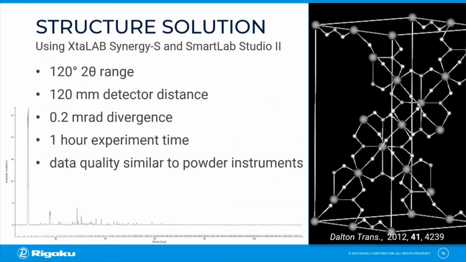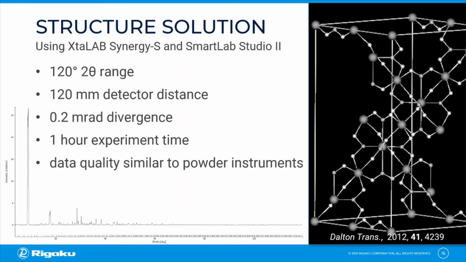One of the more demanding types of application you can do with powder data is the structure solution from powder. It is absolutely possible to collect high-quality powder data that are suitable for structure solution and Rietveld refinement.